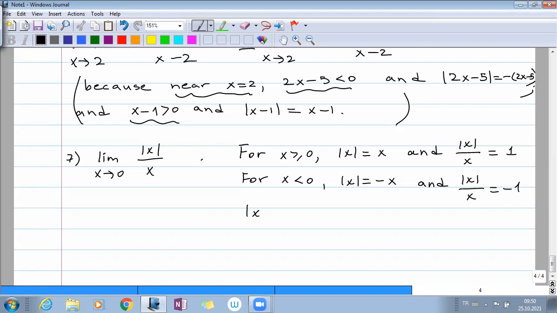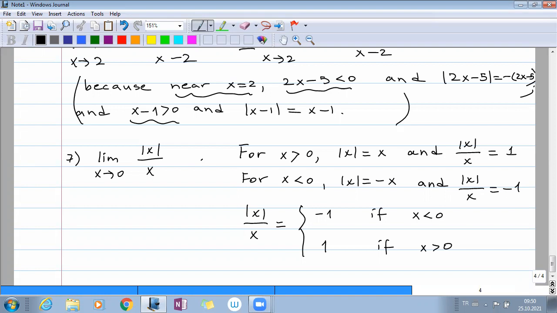So this function, absolute value of x over x, is constant -1 if x is less than 0, and constant +1 if x is greater than 0. Because I cannot include 0, because I'm dividing by x. So the denominator cannot be 0. So I cannot include 0 itself. If x is greater than 0, it is 1. If x is less than 0, it is -1.